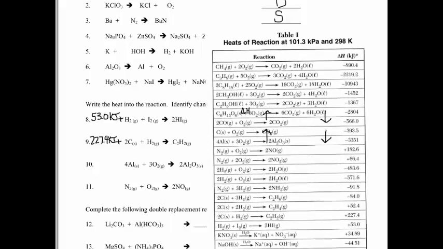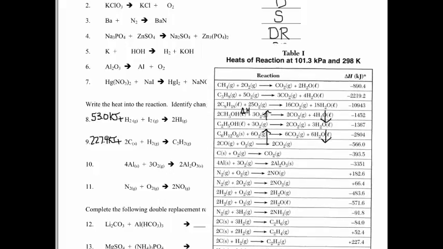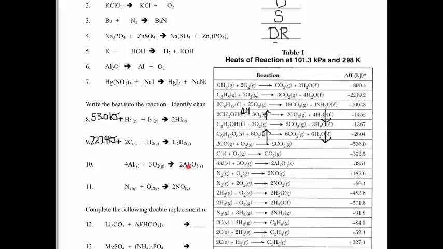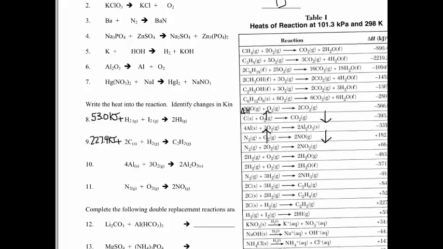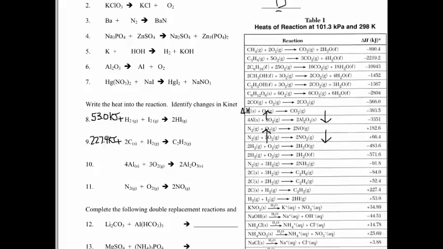Next one. I'll line that one right up. So this is this reaction right here. You can see that it's negative. So this one, delta H, is negative. That does not mean, however, that you're going to put it into the reaction as negative. That's only telling you which side of the reaction arrow to place it.